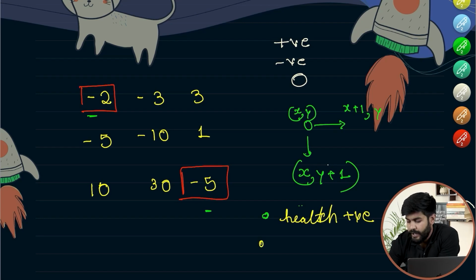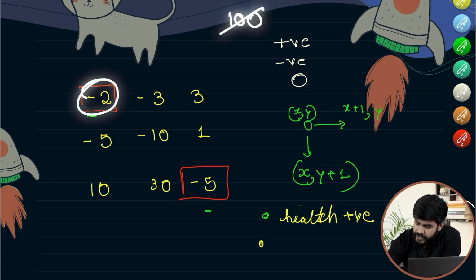Now, if the health needs to be positive, you need to tell him what is the minimum health I should have so that I can finish off. Minimum health, what do I mean? Let's say I have a health of 100. So I came here, I now have a health of 98 because I lost some health.